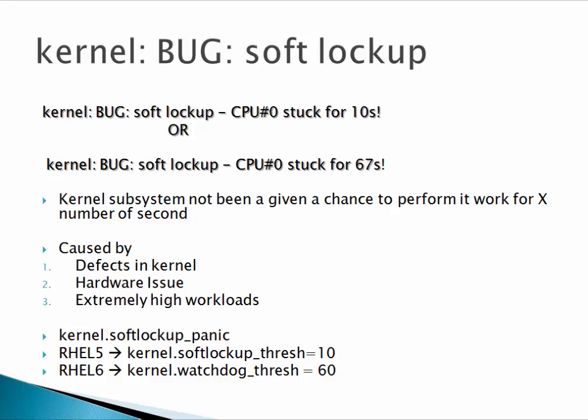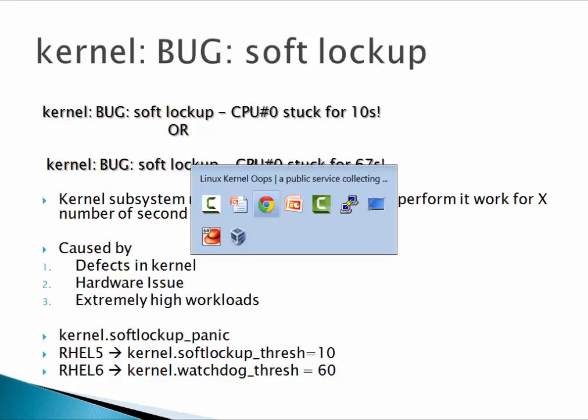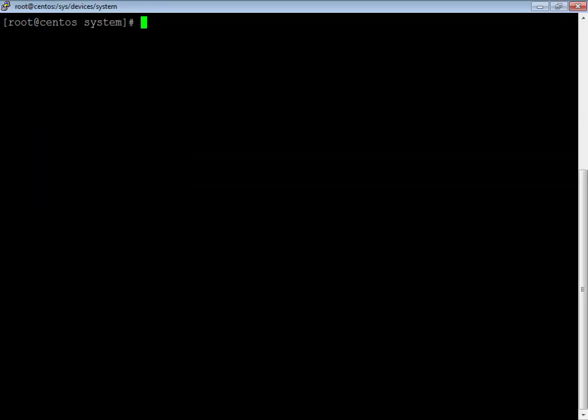The other thing you can do, whenever this soft lockup is happening and you are not able to figure out why, is to configure one of the parameters along with your kdump, and you can make your system crash at the time of a soft lockup. Generally it is disabled, but if your system is seeing this kind of error on a frequent basis and you are not able to determine what you can do, just enable this parameter, make it 1.